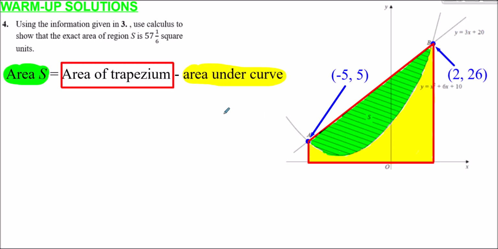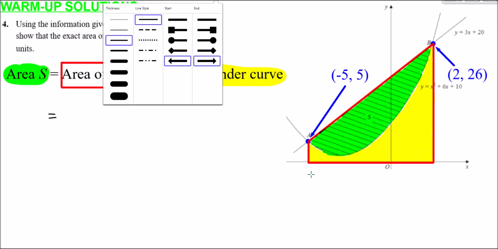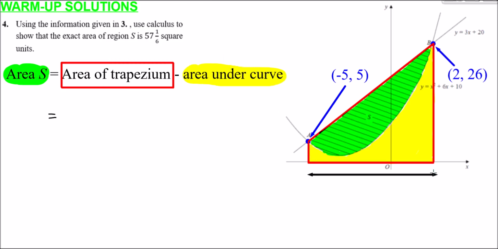So we can apply some calculus carefully to work out what this is and evaluate it, and it should come as 57 1/6. So first of all, the area of trapezium. The ingredients for the area of trapezium are the distance between the parallel sides, often called the height. This in a way is its width because it's laid on its side.